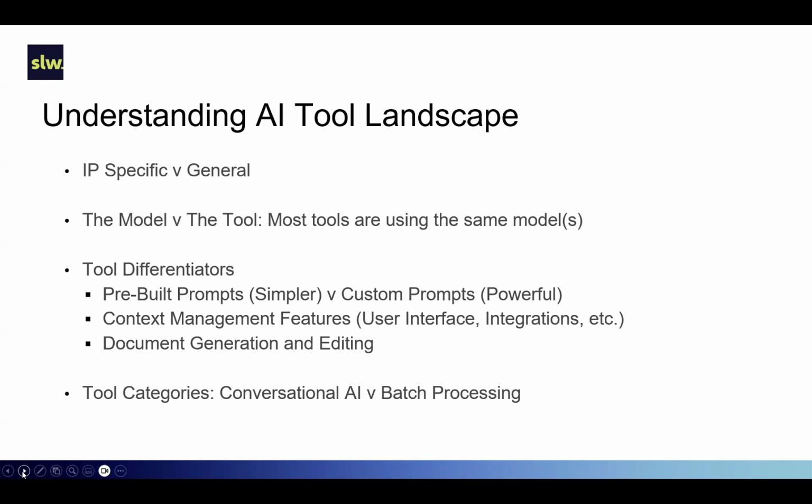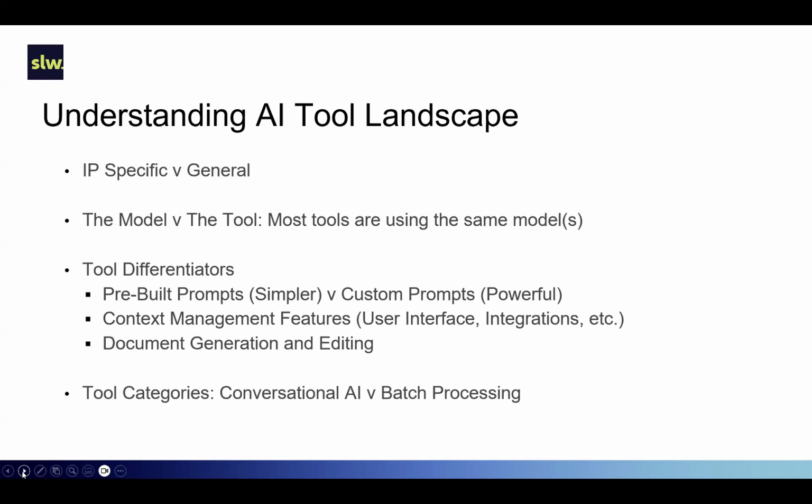I think it's important to understand that all of these vendors are generally using the same models, or maybe not exactly the same models, but they're leveraging models that are provided by the likes of OpenAI, Anthropic, Google, Meta.